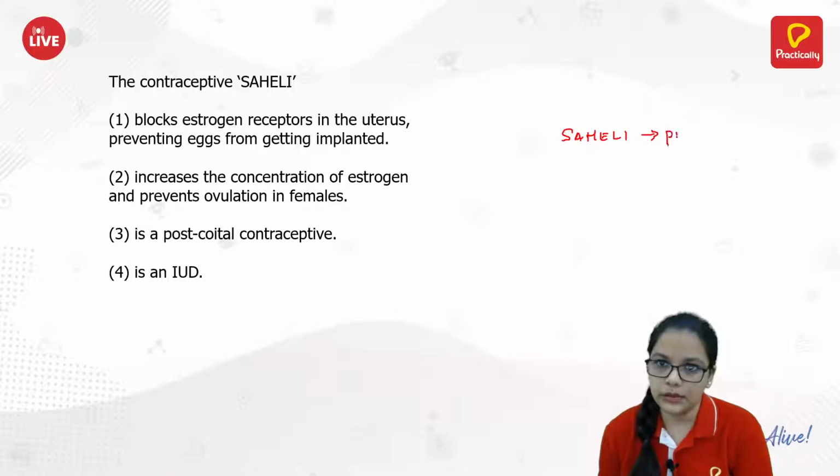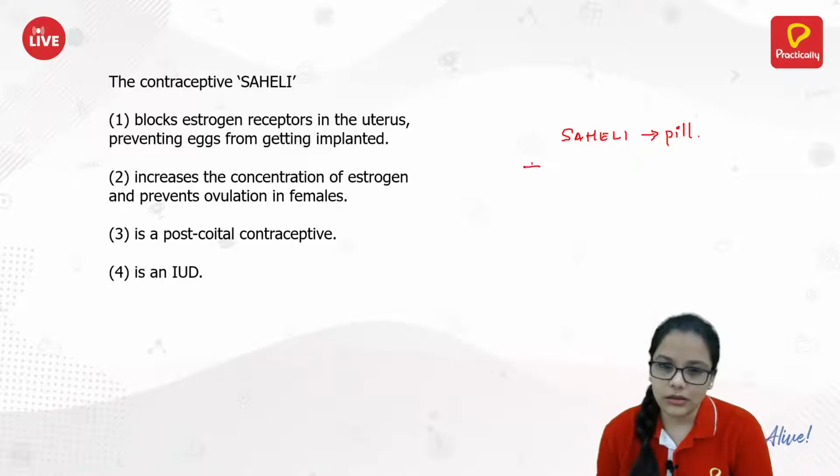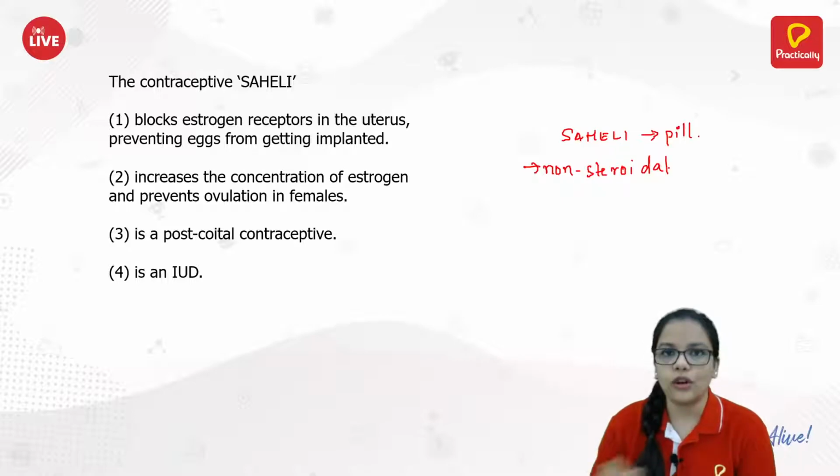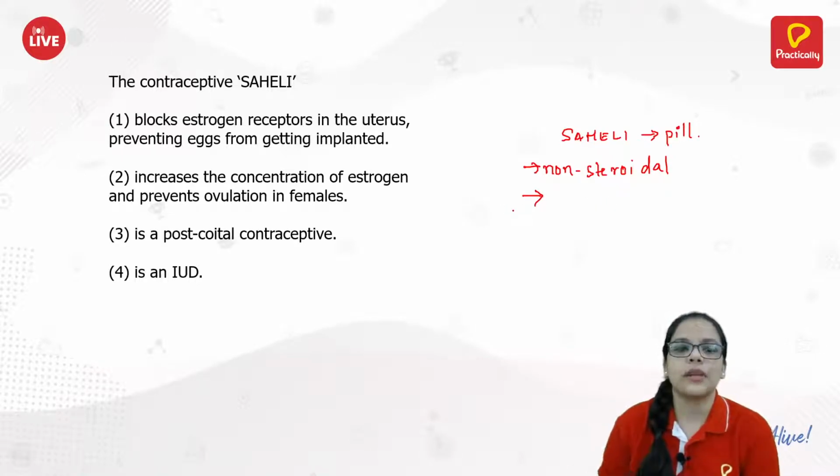Saheli is a pill, the first of its kind in India. What is that? It is non-steroidal, so there are no steroidal hormones involved in this kind of pill. The basic process it does is it blocks the estrogen receptors.